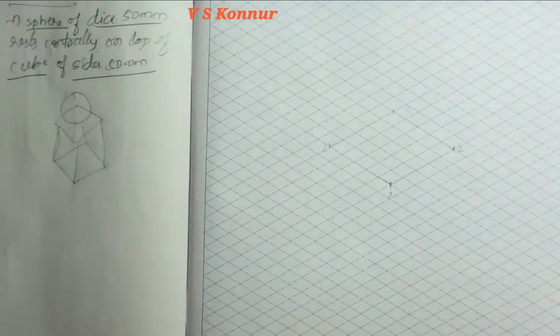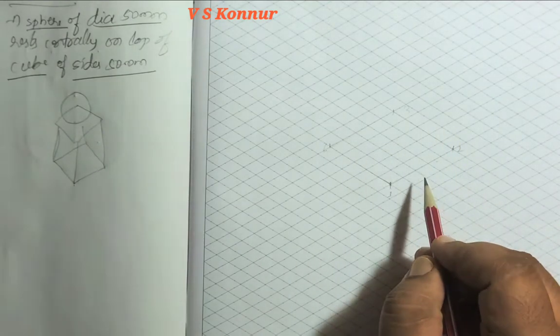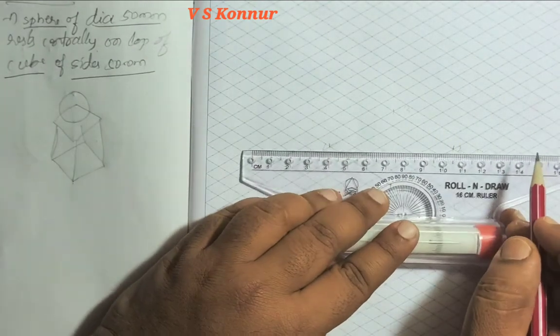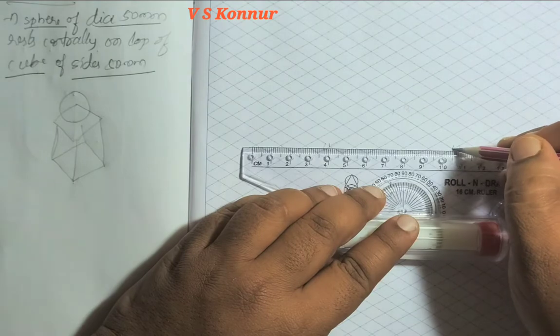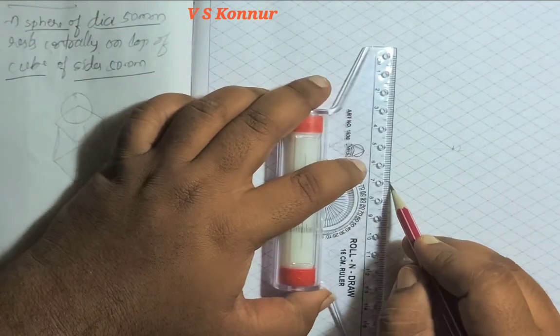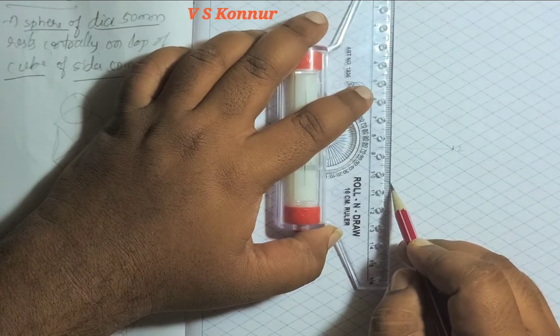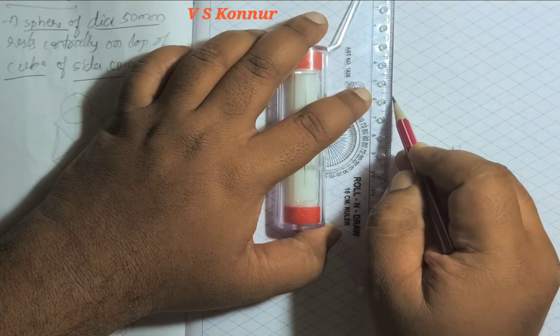Now it has a side of 50. 1, 2, 3, 4, 5. On all the sides it is 50 by 50. Now we'll join these centers on either side. Because both sides are the same, they will coincide with each other.